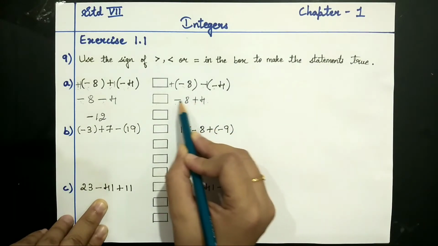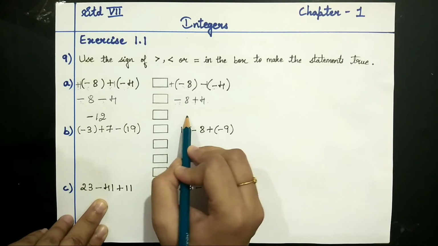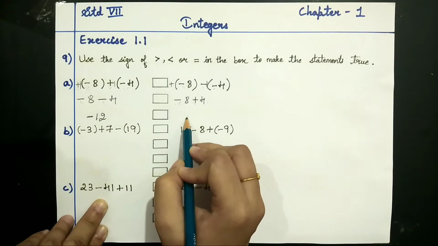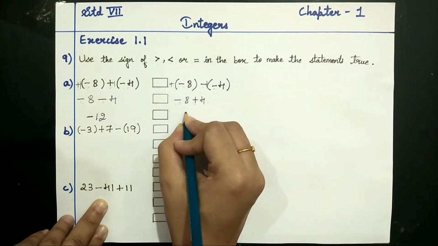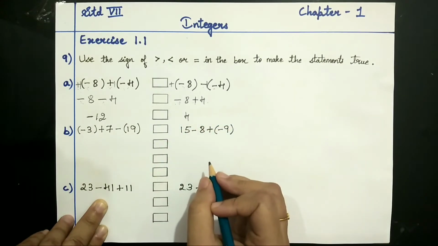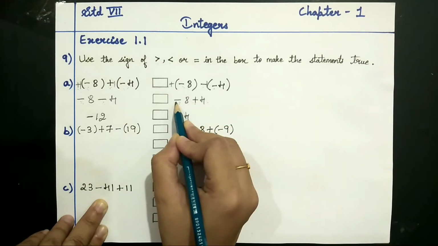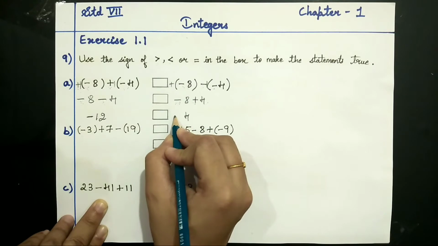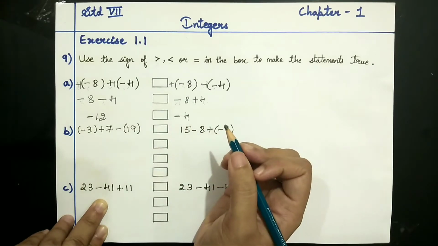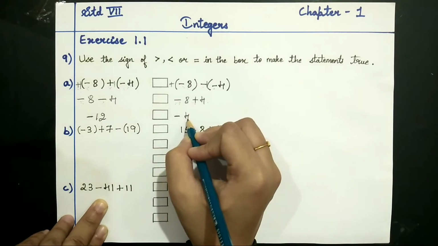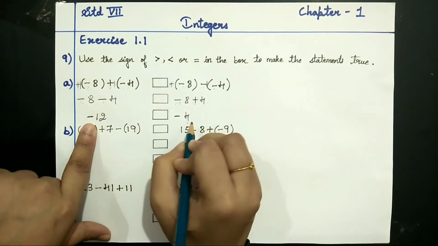Since the signs are different, for the answer you have to do subtraction. 8 minus 4, what's the answer? 4 is the answer. And which sign do you have to give? The greater number's sign. 8 is having minus sign, so let me put minus here. So here the answer is minus 12, here the answer is minus 4.